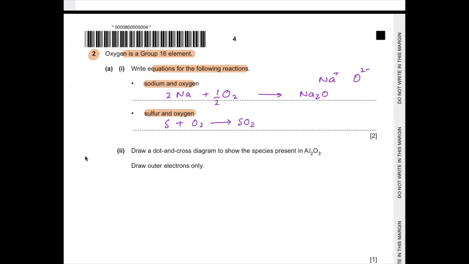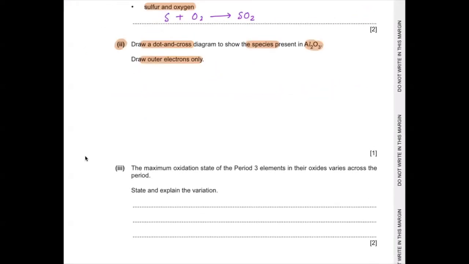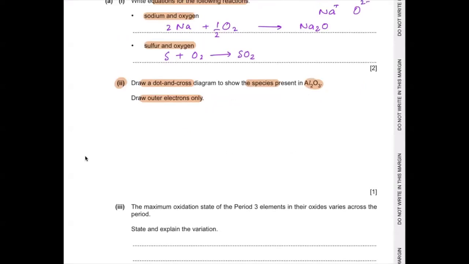Now, part two, draw a dot and cross diagram to show the species present in aluminum oxide. Draw outer electrons only. So aluminum turns into a +3 ion and oxygen turns into a -2 ion. So you just write aluminum, an empty bracket, because the valence shell loses all of its electrons, enclose it in a square bracket, and 3 positive.